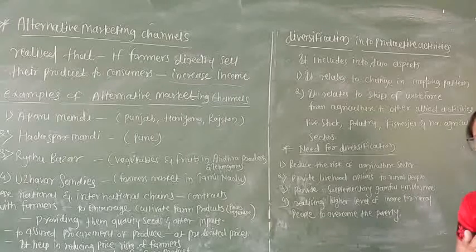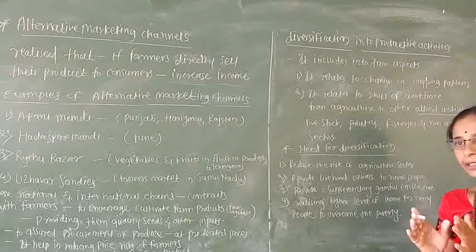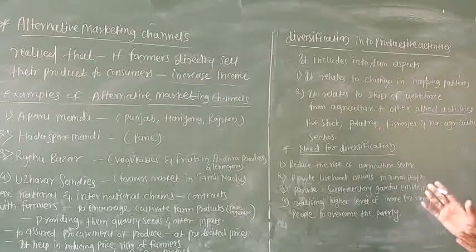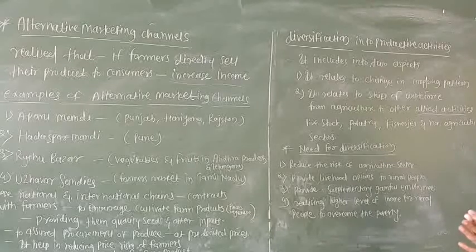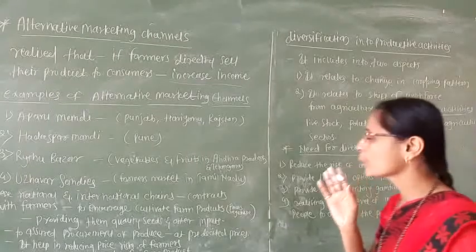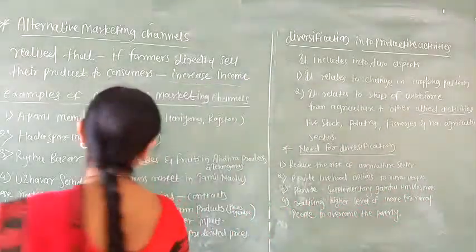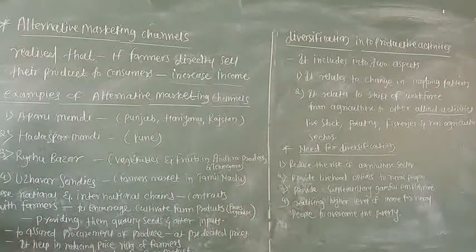So if we want the development of the rural areas, then there is a need for diversification. Means there is a need to change the cropping pattern of the farmers, and also we may stop the shift of the workforce from the agricultural sector to the other allied activities, means livestock, poultry, fisheries, and the non-agricultural sectors.